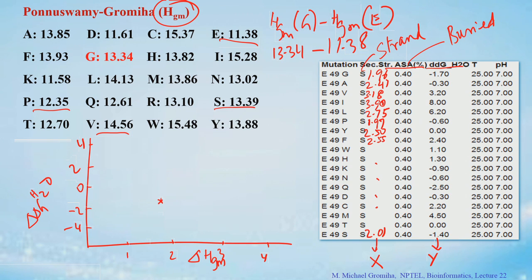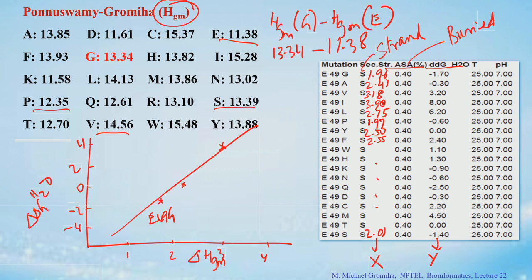Second one 2.47 and minus 0.3, somewhere here. And the third one, 3.18 is somewhere here, E49V somewhere here. So, you can plot all these 20 values.